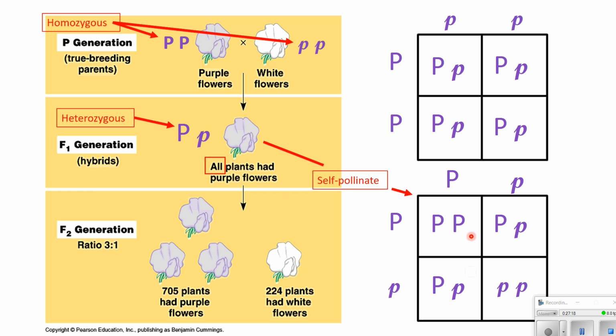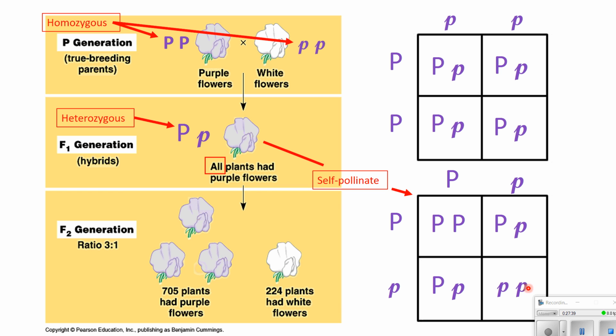And there you go. Now remember, big P is dominant. So any plant that inherits even just one copy of big P is going to have purple flowers. If it gets two copies of big P, purple flowers. If it only gets one copy of big P, purple flowers.